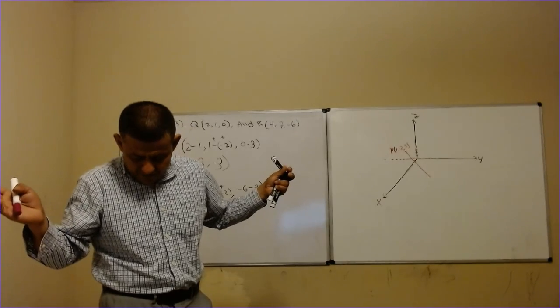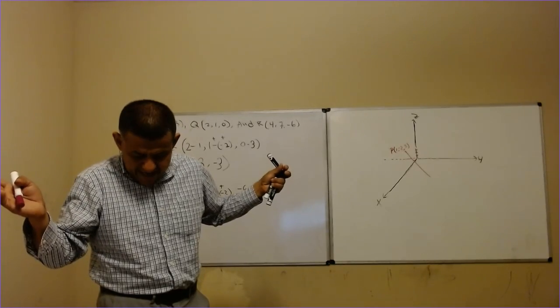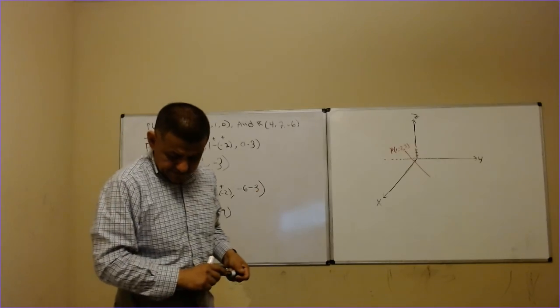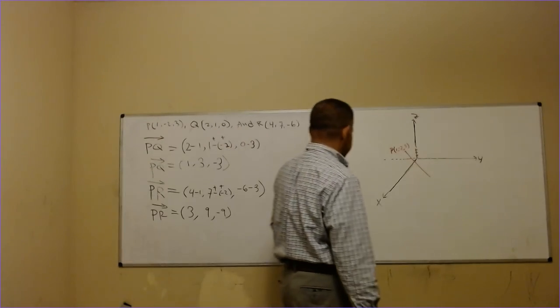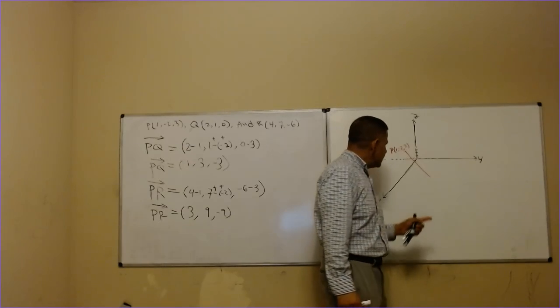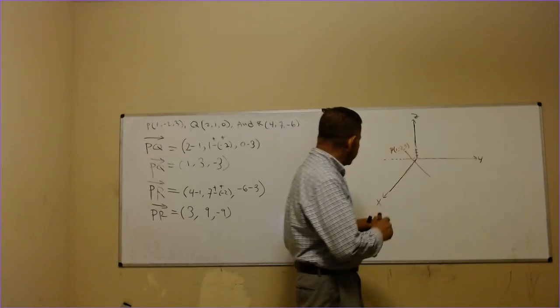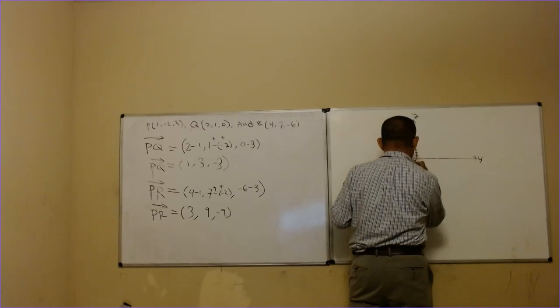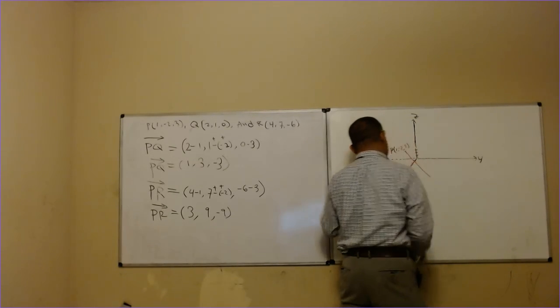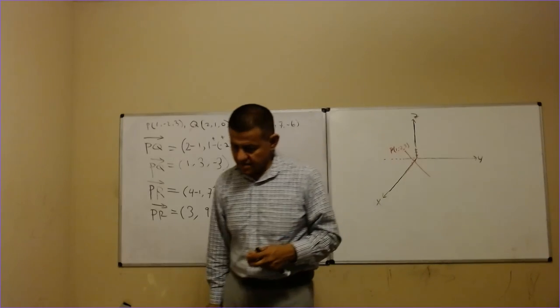Now I have another point, right? What is the next point that I have? Well, I have a 2 on the x-axis, right? And remember, 2 on the x-axis is about here. About there, right? 2 on the x-axis is about there.